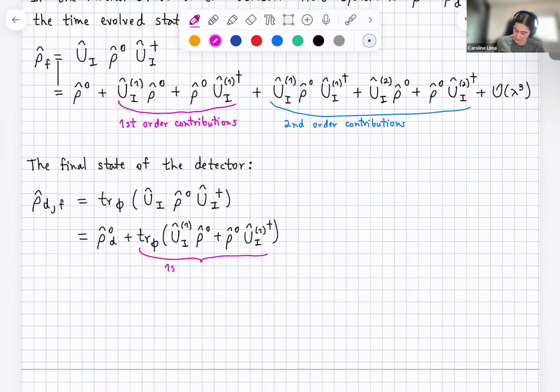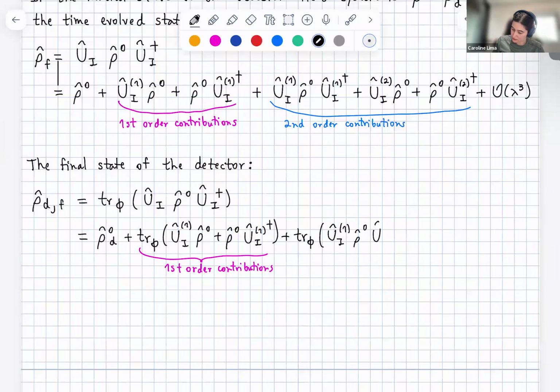So again, first order contributions or corrections. And then I'll just take the trace over the field for whatever I have there.